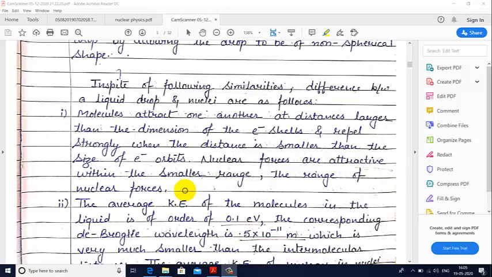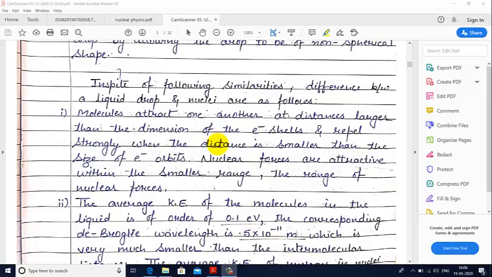But in case of liquid drop, there are molecules inside the liquid drop, and there are attractive as well as repulsive forces present between molecules. So this is one of the basic differences between liquid drop and atomic nuclei: in atomic nuclei there are only attractive forces, whereas in molecules or in liquid drop there are attractive as well as repulsive forces also.